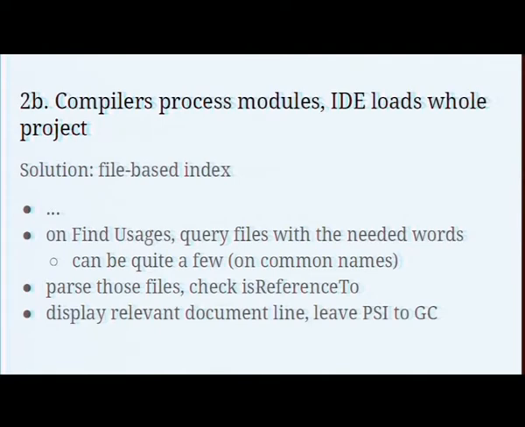It works very well when you search for a class named AbstractSpringBeanFactoryProvider. But it works a little bit worse if you search for a method named add, because there are many files containing this word. It's a Java standard library function.